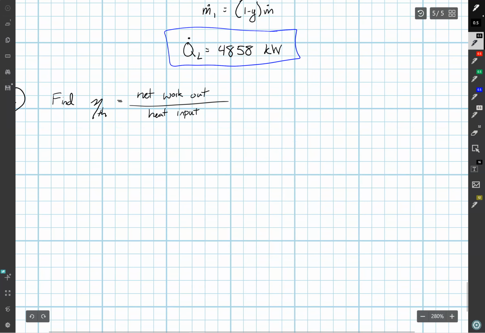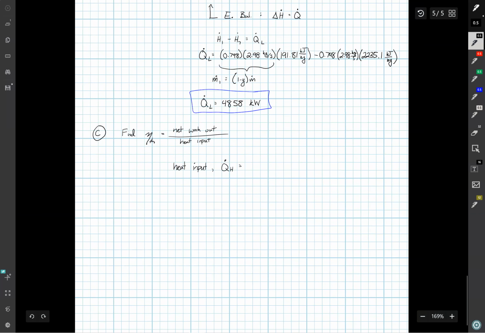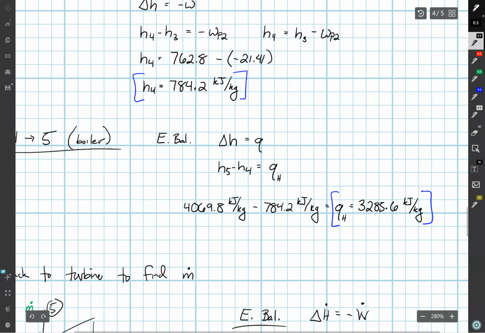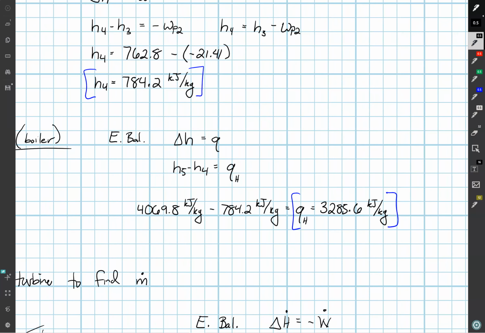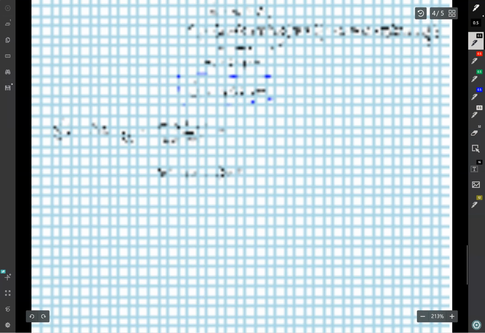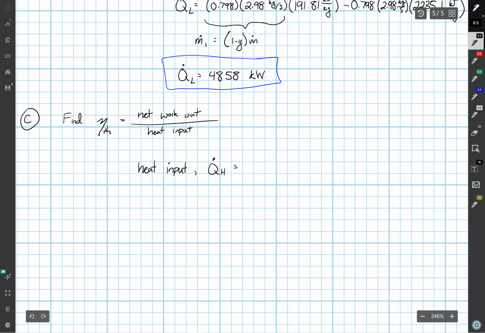So the heat input is fairly straightforward. There's only one place where we're putting heat into the system, and that's QH. So that equals the specific heat input of our boiler times the mass flow rate. So let's go back up. We found right here the specific heat input of our boiler, 3285.6. So the total heat rate is that times the mass flow rate.